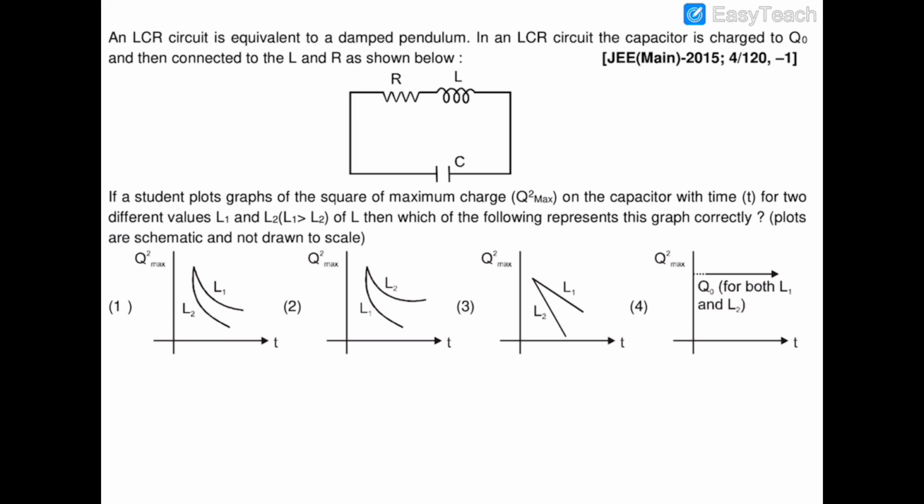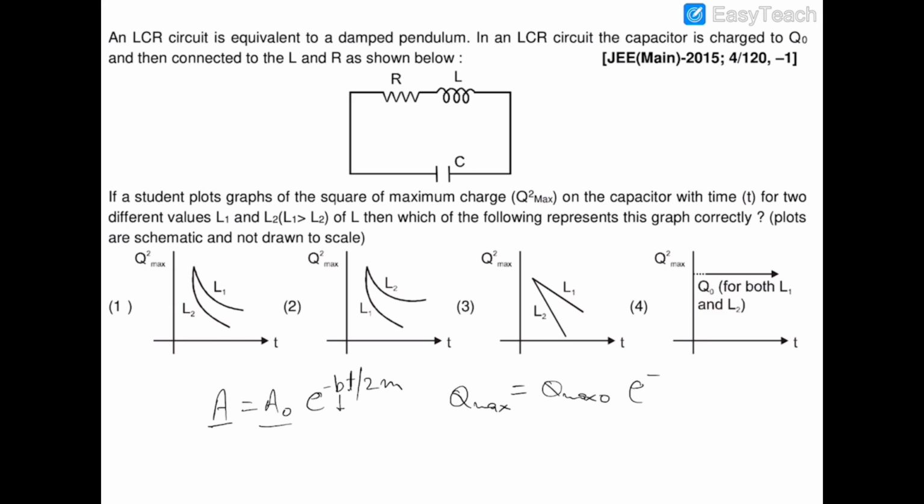So we know that in damped oscillations, the amplitude A will be equal to A naught e to the power minus bt upon 2m, where A is the instantaneous amplitude of the oscillation and A naught was the initial amplitude of the oscillation. b is the resistive force constant, the force which is dissipating the energy, and m is the mass. So if we write the analogous equation of charge, then we can say that Q maximum at any time will be equal to Q maximum naught and e to the power minus b.